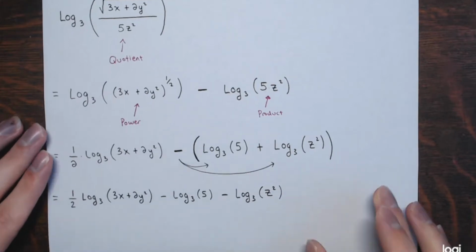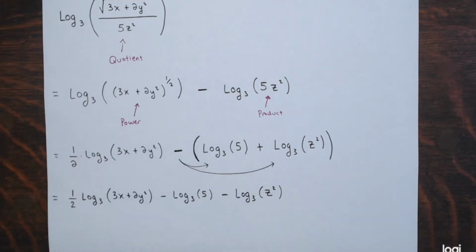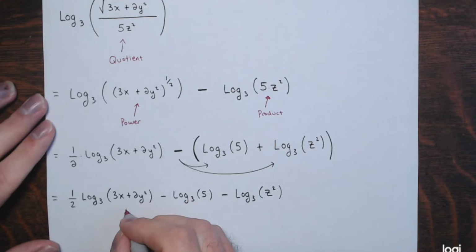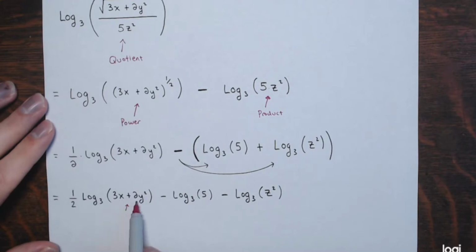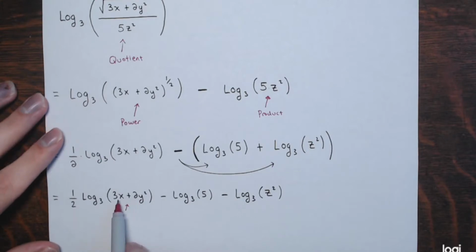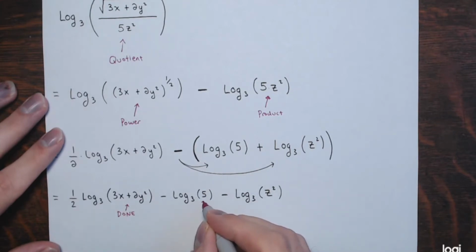Alright, and now I look inside the logs again. 3x plus 2y squared. This is a sum, not a product. It's not a product, it's not a fraction, and it's not all raised to one power. So I'm done with that one. Look inside this log.